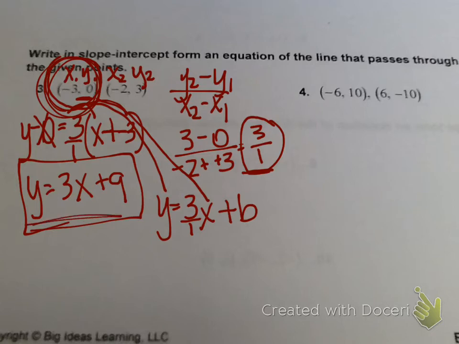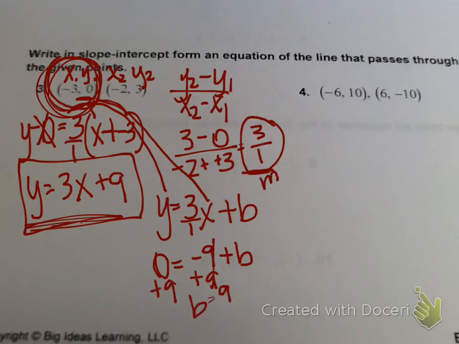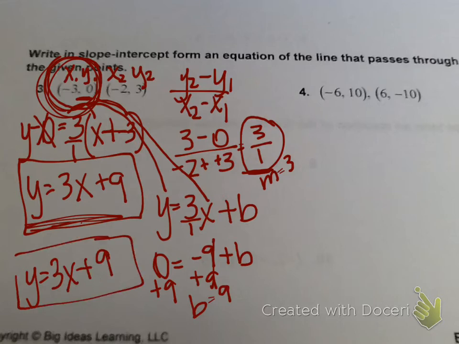So I could write it in point-slope form and solve it, or I could fill in 0 for y, 3 times negative 3 would be negative 9, plus b, add 9, b equals 9, m equals 3, so my equation of my line would be y equals 3x plus 9. So there's multiple ways to go about putting your line in slope-intercept form, but point-slope form is super useful too.